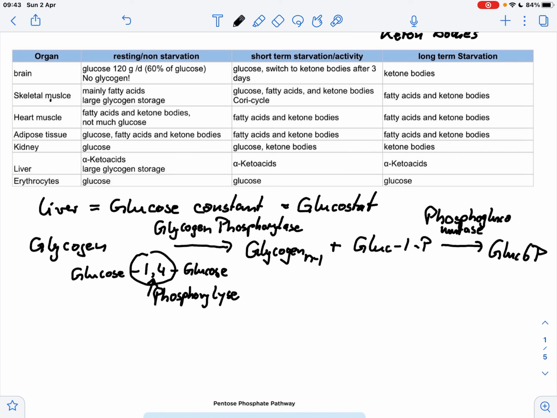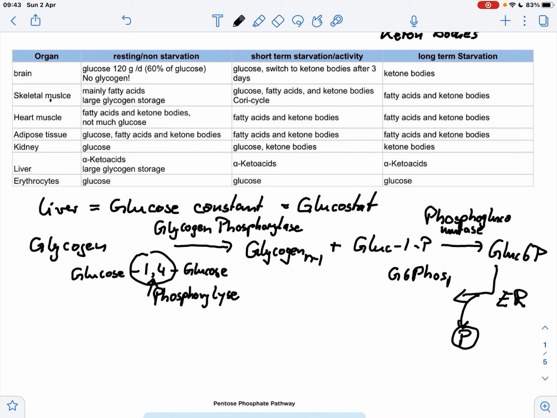And I just simply write it like that. Now, in the liver, this glucose 6-phosphate molecule is transported into the endoplasmic reticulum through some glucose 6-phosphate transporter molecules and translocases. And in the ER, the phosphate group is removed through a glucose 6-phosphatase.